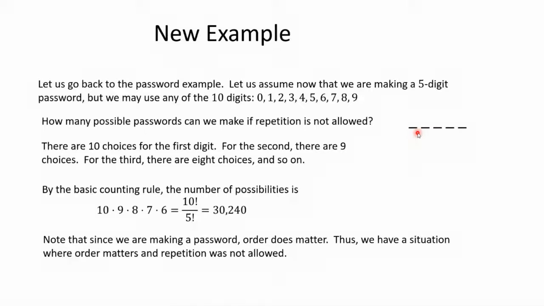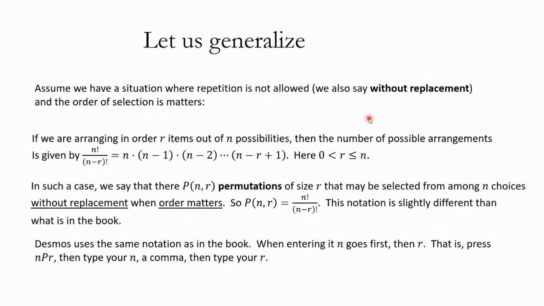Well, this kind of situation will come up a lot. If you have, in this case, 10 digits, you're choosing 5 of them, and you're listing them like this. Order makes a difference, but there's no repetition. Well, this kind of situation comes up a lot.